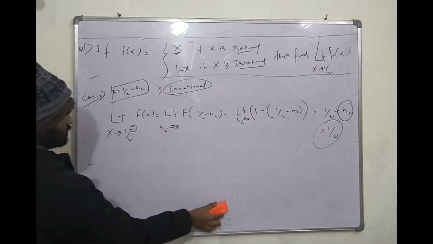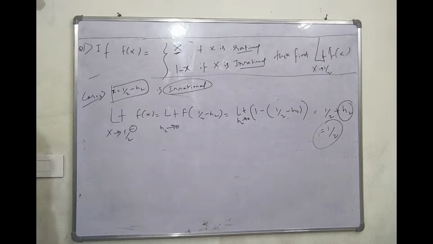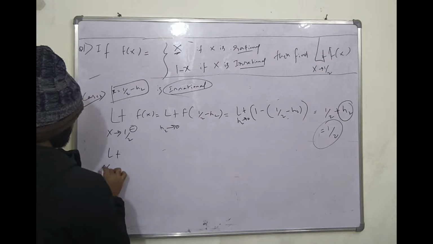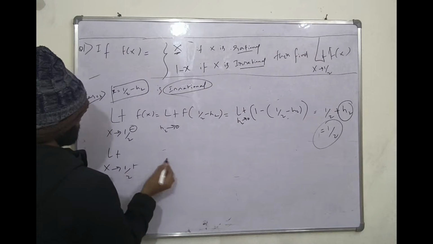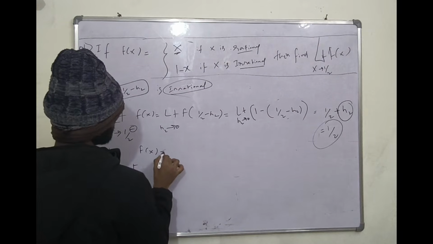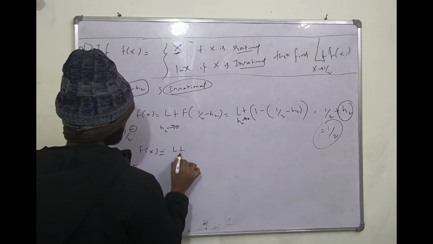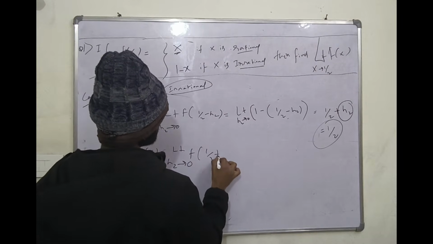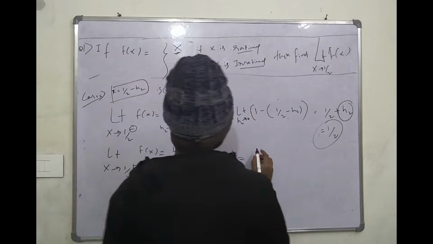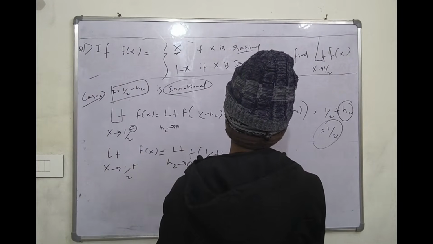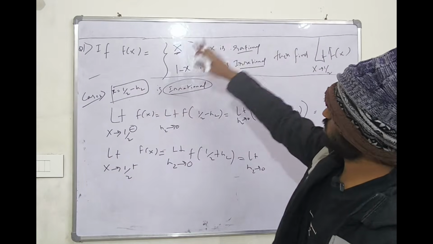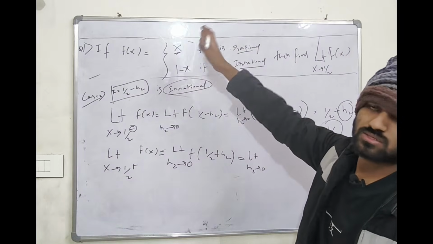So let's find right hand limit here. Okay, limit x tends to 1 by 2 plus f of x equals to limit h2 tends to 0 f of 1 by 2 plus h2. Okay, limit h2 tends to 0, since f of x is irrational number, so we will have the case 1 minus x.